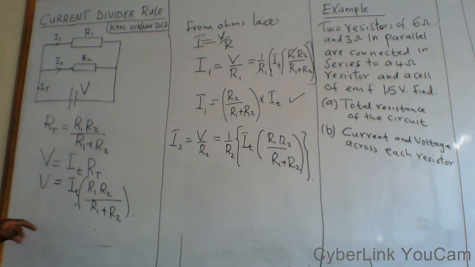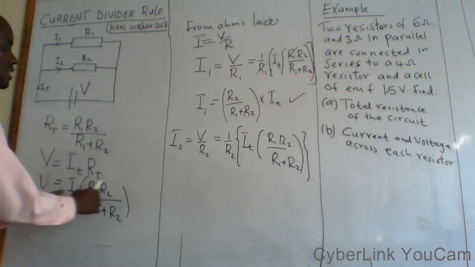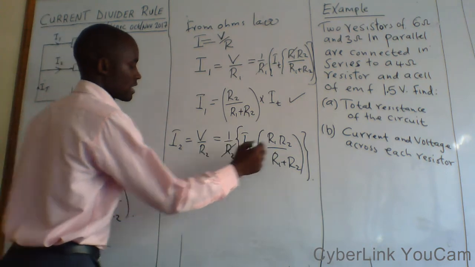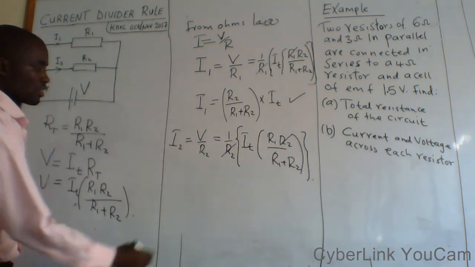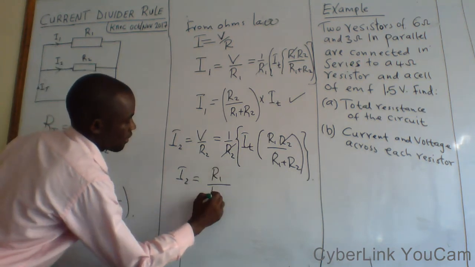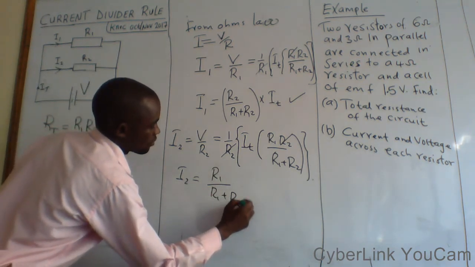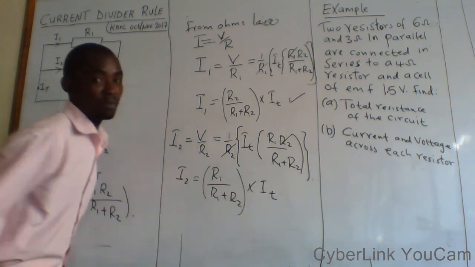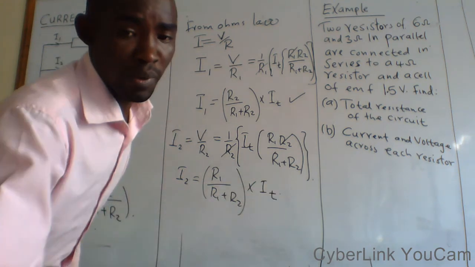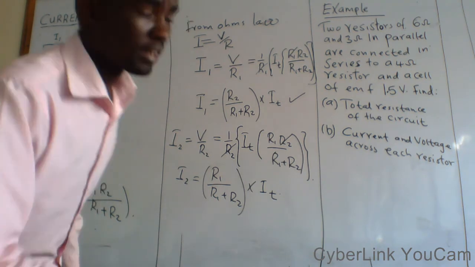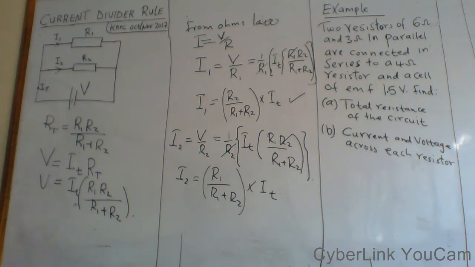Remember what we have done: we have replaced this V in this particular equation, and by doing this, this resistor and this resistor will cancel. So now our I2 will be equal to R1 all over R1 plus R2 multiplied by the total current.